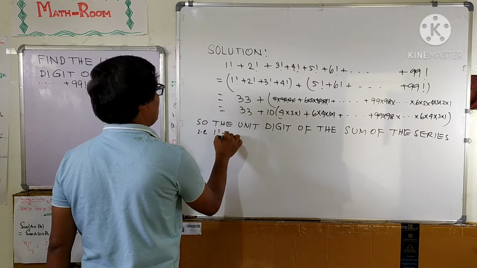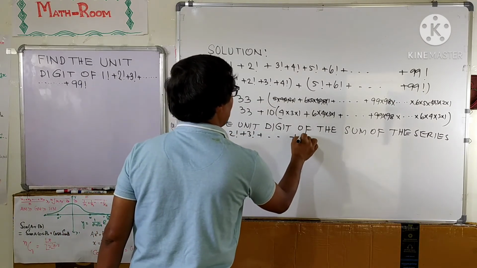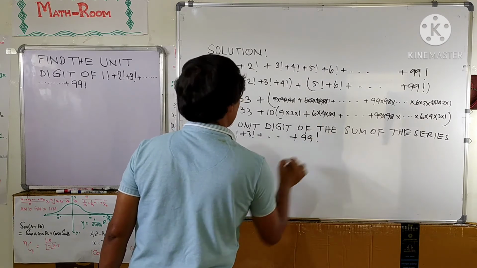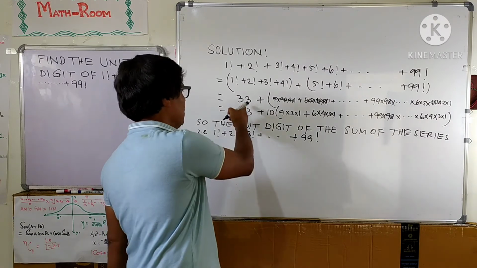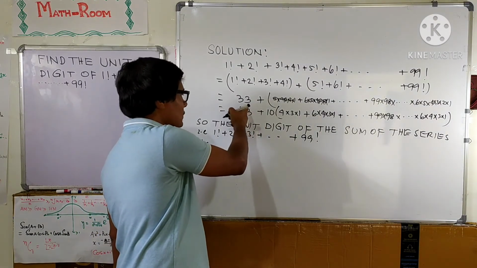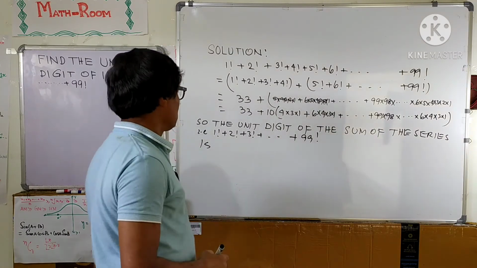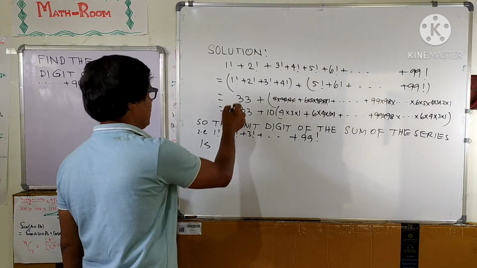The sum 1 factorial plus 2 factorial plus 3 factorial up to 99 factorial has a first part that is an integer whose unit digit is 3. We can easily see the unit digit is 3 in the first part of the sum.